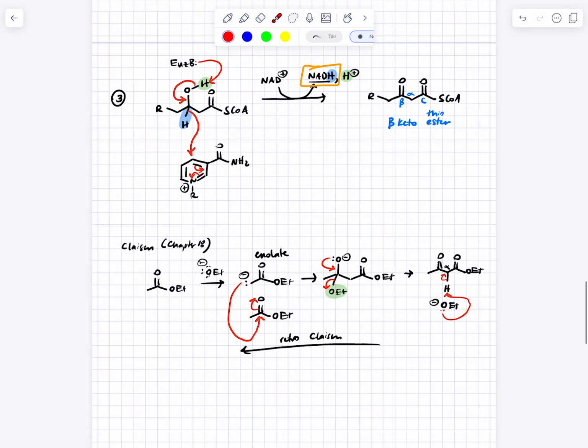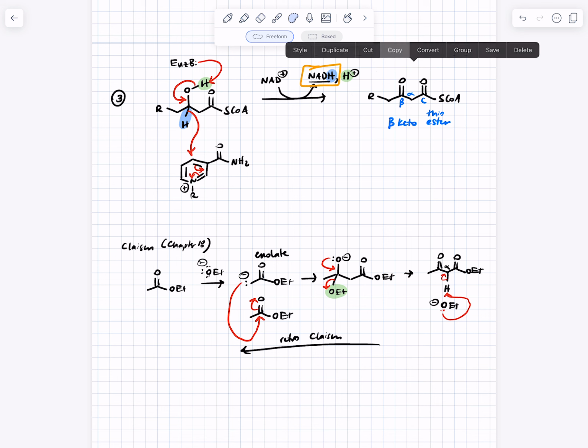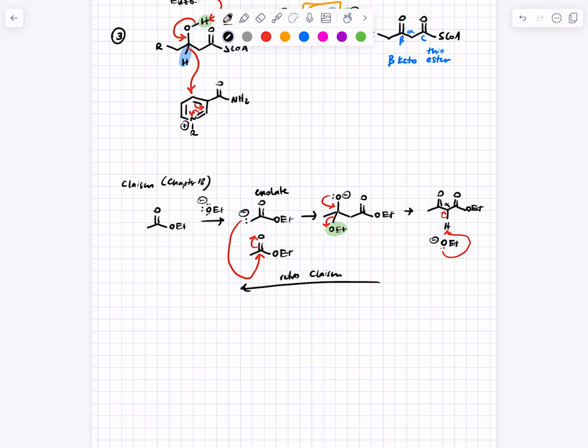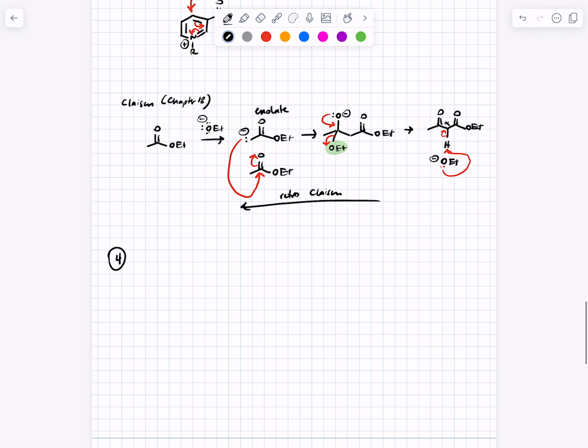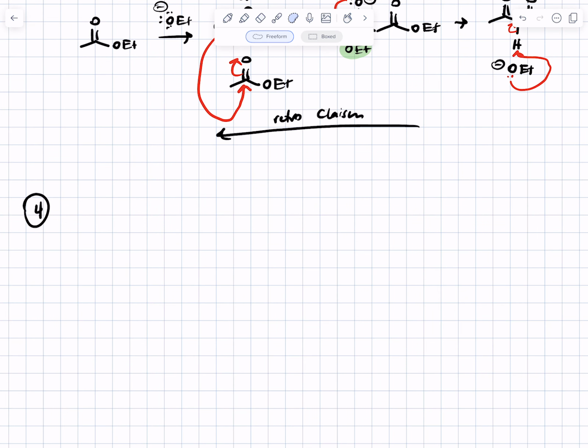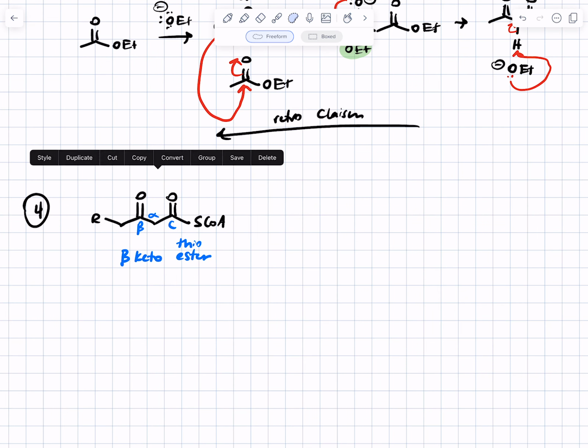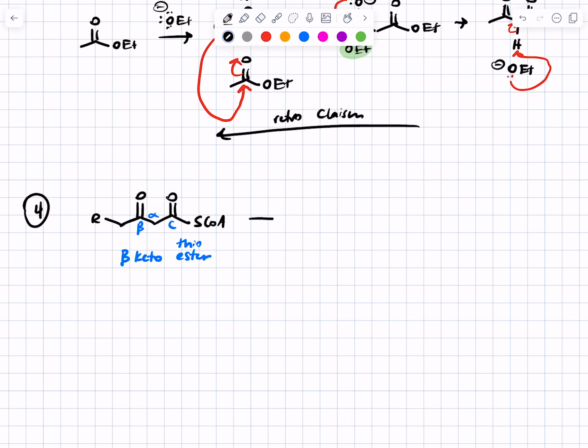You're going to see, though, that nature is able to overcome that with this thioester. So the last step of beta oxidation, or the last step in the sort of cycle of beta oxidation, is a retro-Claisen.